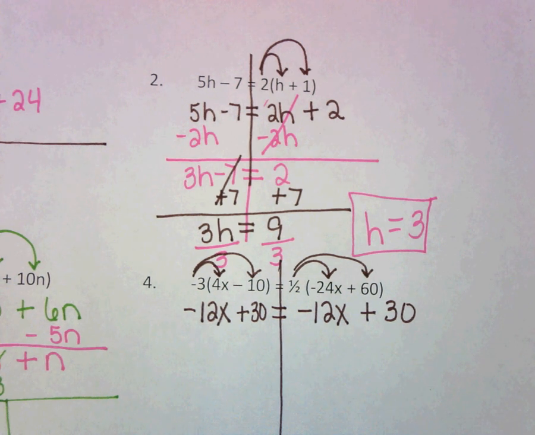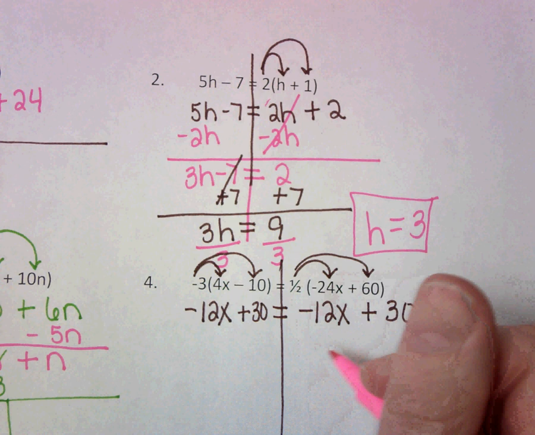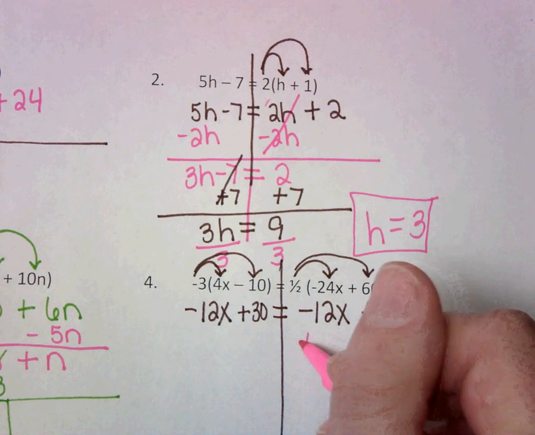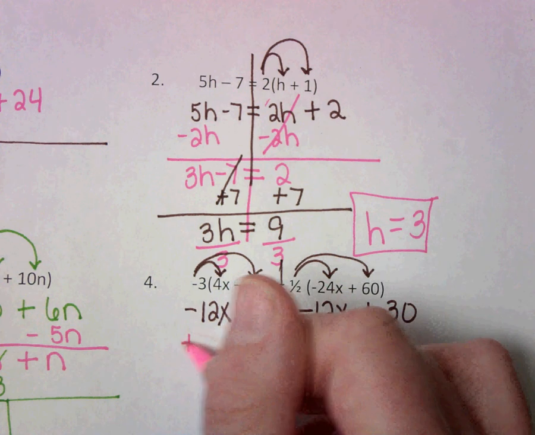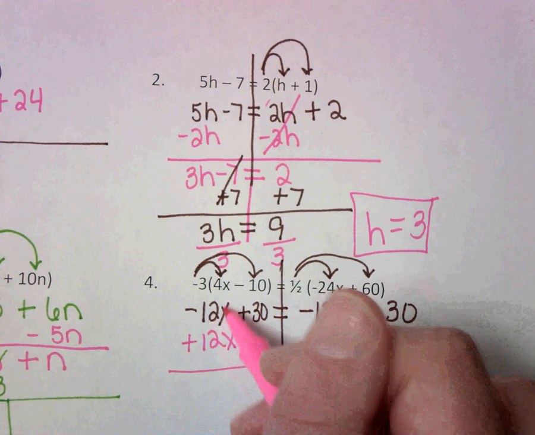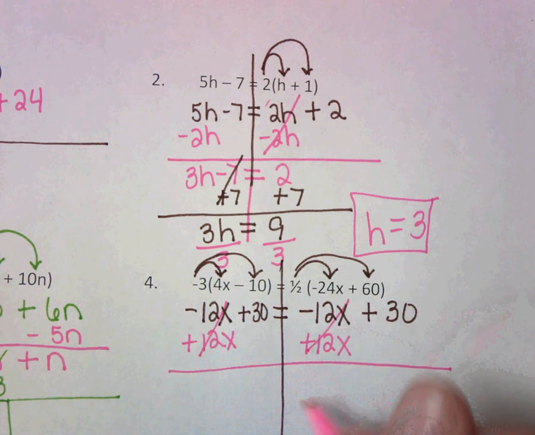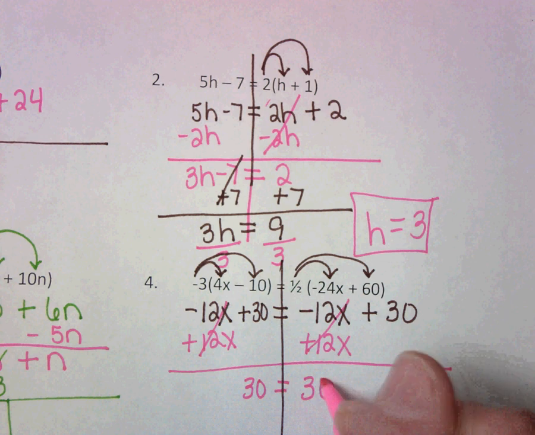Okay, but that's okay. So our next step here would be to move our variables to the same side. This time I'm adding 12x because this is negative. And we're going to see here that 30 equals 30.